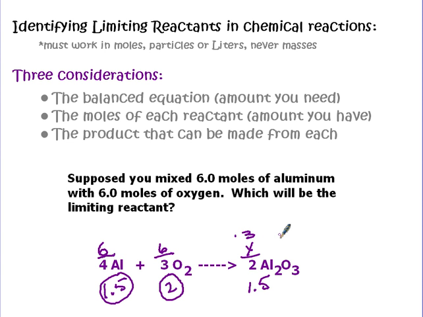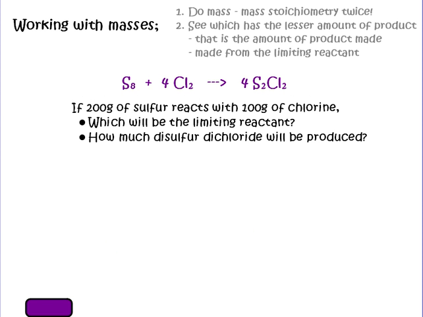There we go. This is how we look at identifying what the limiting reactant is. We have to consider 3 things. The balanced equation, how much we need, the moles of the reactants, that's usually told to you, and then finally, how much of the product can be made from each of the reactants.